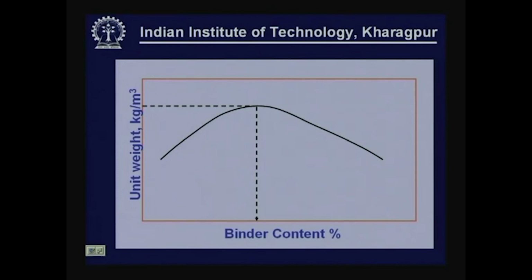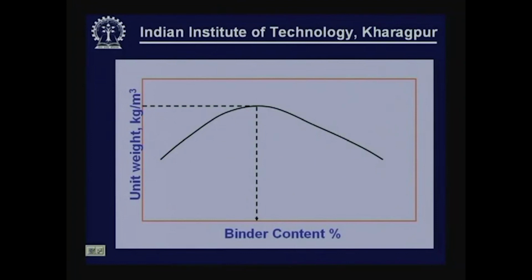But once it attains its densest position, any addition of binder having low specific gravity is only going to decrease the unit weight. So, we can expect that unit weight is going to decrease after some binder content. We are normally interested in the binder content that gives us maximum unit weight. We are also interested in the binder content that gives us maximum stability, but they may not exactly coincide.